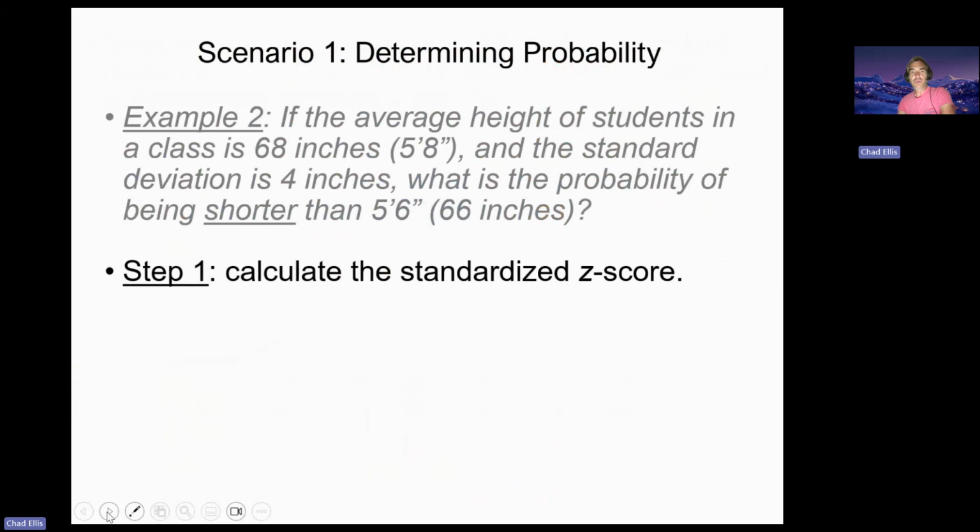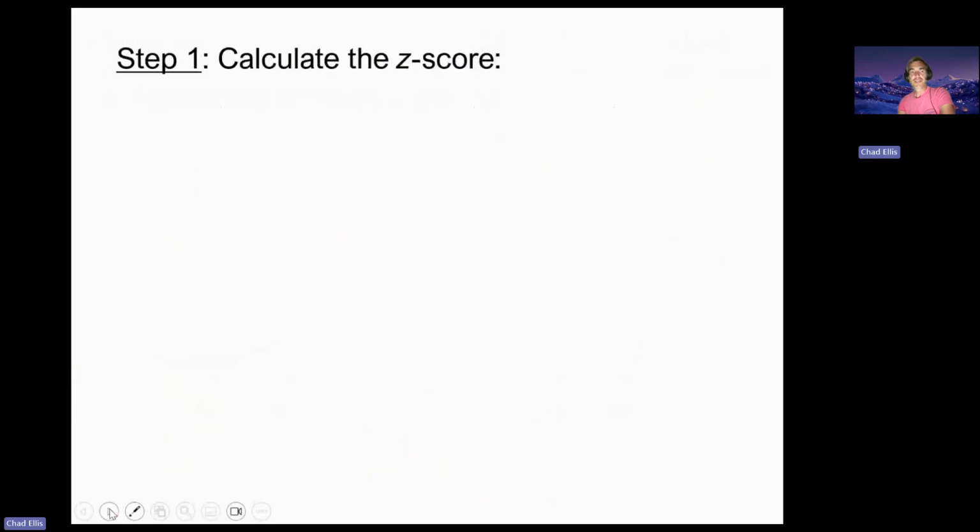So what do we have to do? Well, first of all, we have to calculate the standardized Z-score, again, using this formula here. If we plug in our data this time, we're dealing with an X score of 66, the same mean and same standard deviation.